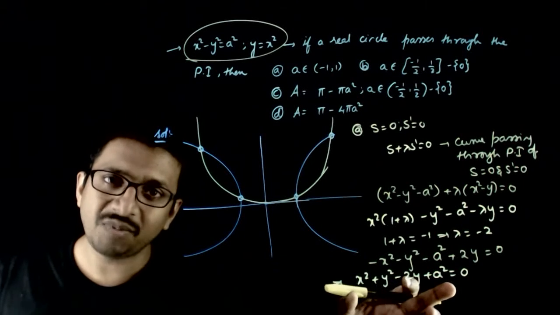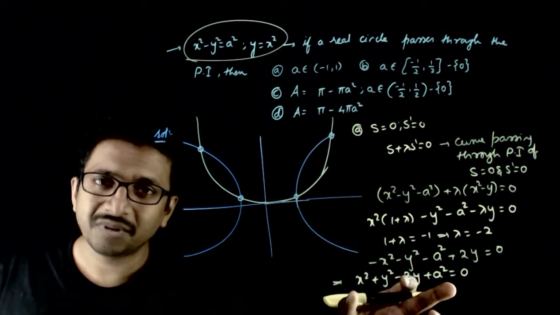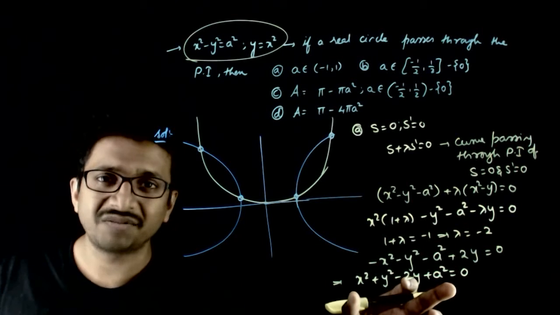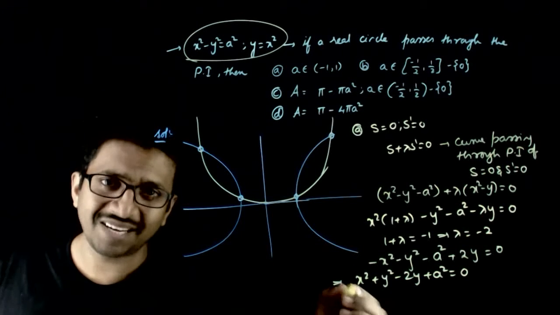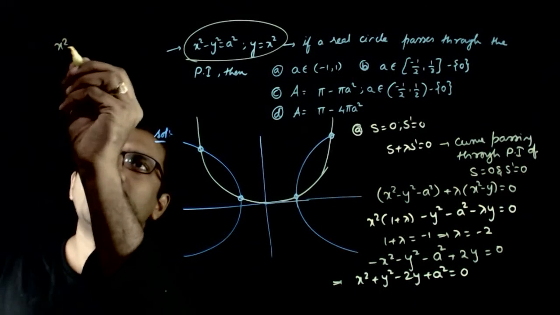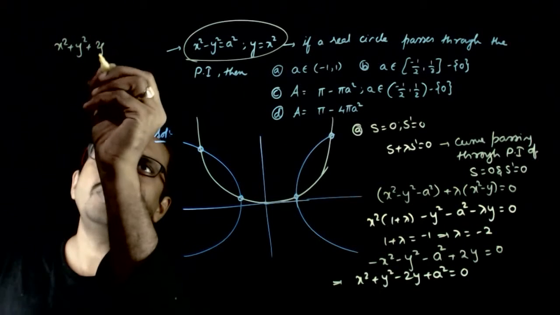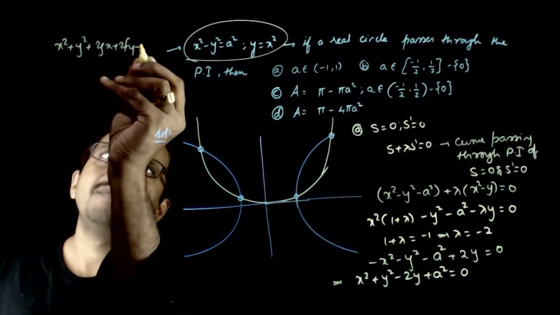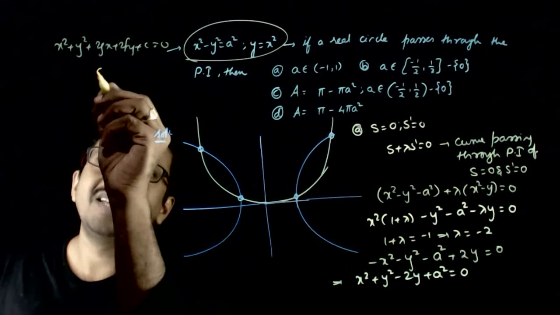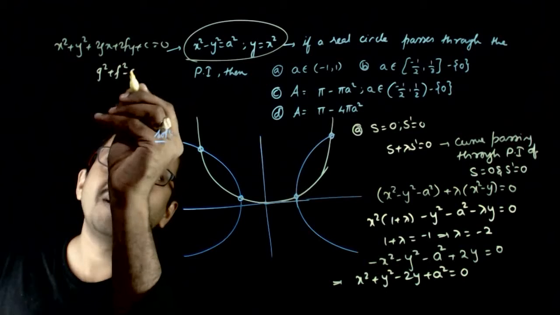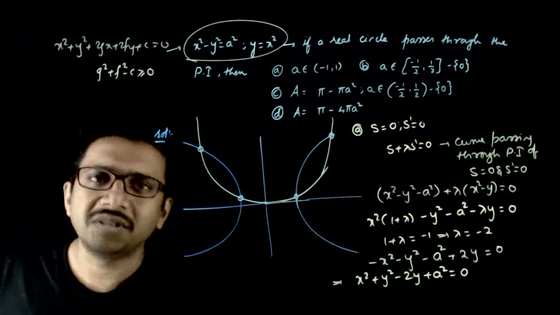If x² + y² + 2gx + 2fy + c = 0 has to represent a real circle, then g² + f² − c should be greater than or equal to 0.